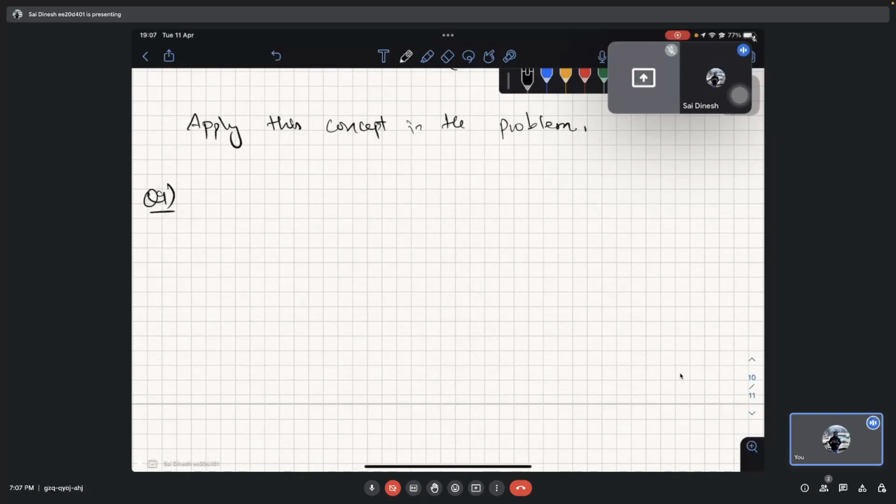Question 9 is, which of the following signals have the same Nyquist rate as x of t?